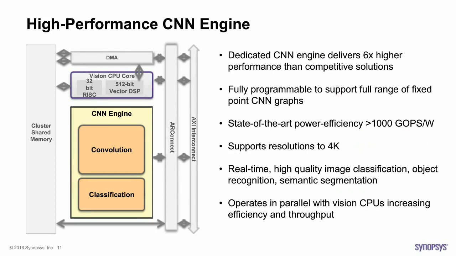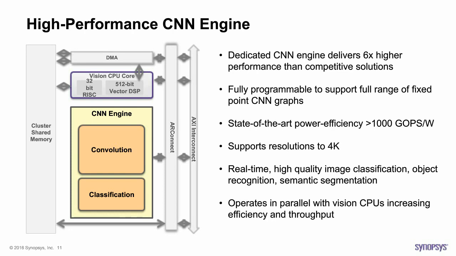So this is a look at the CNN engine. It's a dedicated CNN engine, so this can be used only for finding objects or scene segmentation or classification of objects. It can't be used to run other algorithms. And we did that on purpose because by making a dedicated engine, we can take advantage of the CNN algorithm, delivering very high levels of performance, much higher than what competitive solutions can offer.